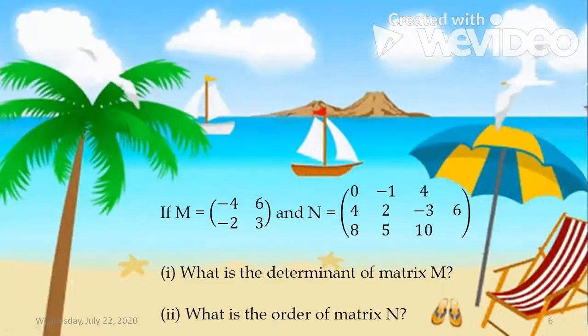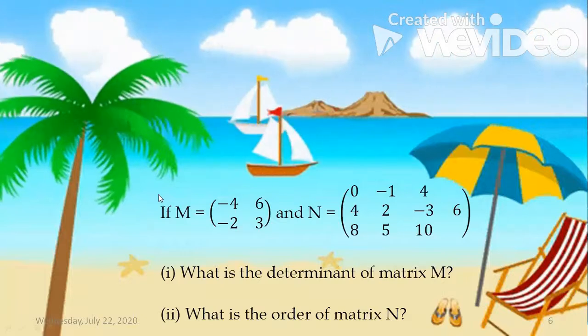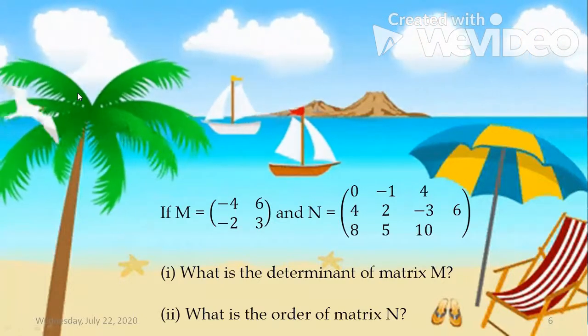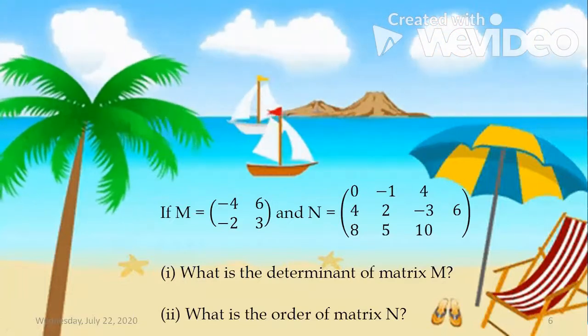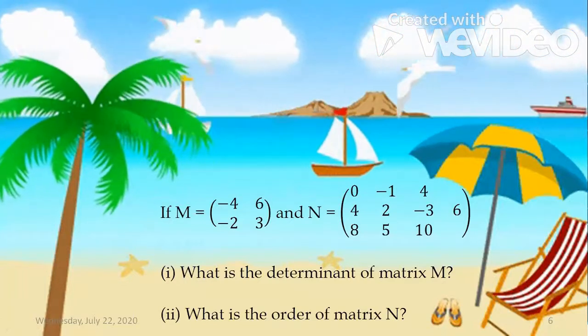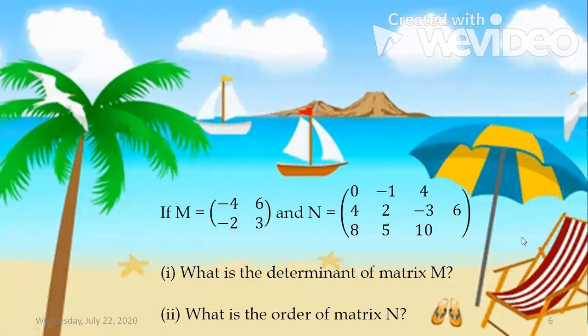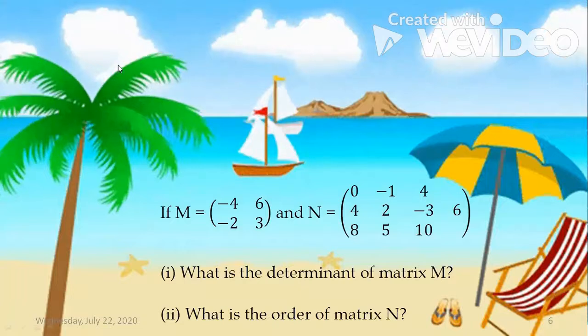All right, so we have two matrices. Oh, some numbers are missing in matrix N. Let me just jot those in.